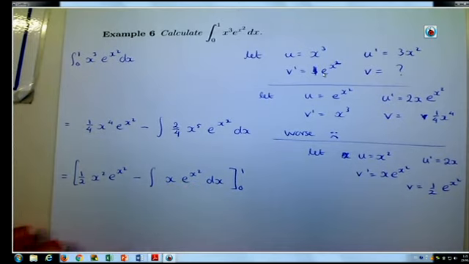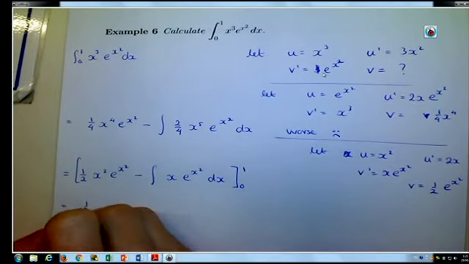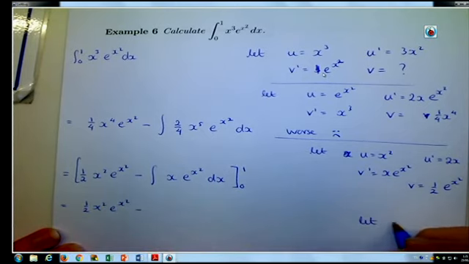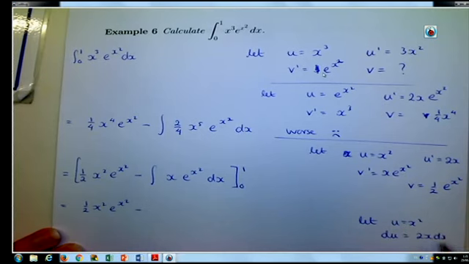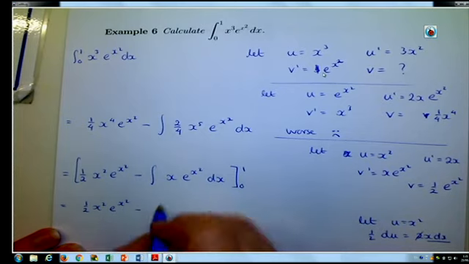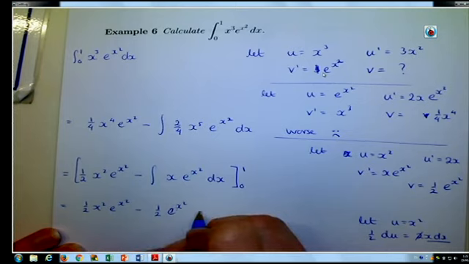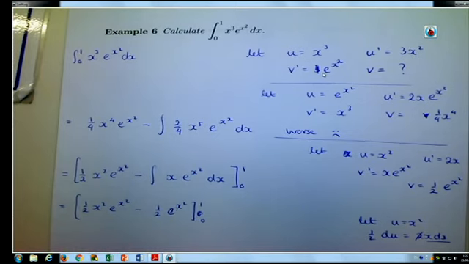Actually, we can integrate that one with a u substitution. So if you let u equal x squared, x dx, there we go. So you can integrate that one with a u substitution, and I missed out a couple of steps in the u substitution.